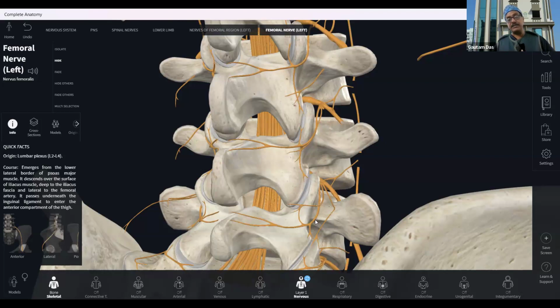This medial branch also supplies the multifidus muscle and the midline structures, the supraspinous and interspinous ligaments, and also a little bit of skin in these areas. Out of these dorsal rami branches, the medial branch is the thickest, you can see. It supplies the multifidus muscle.